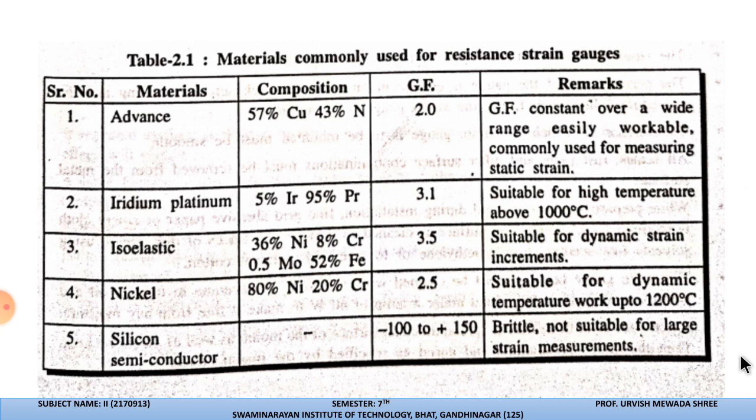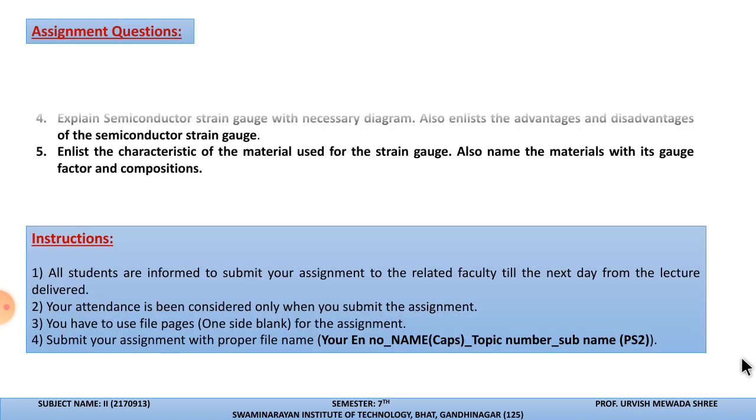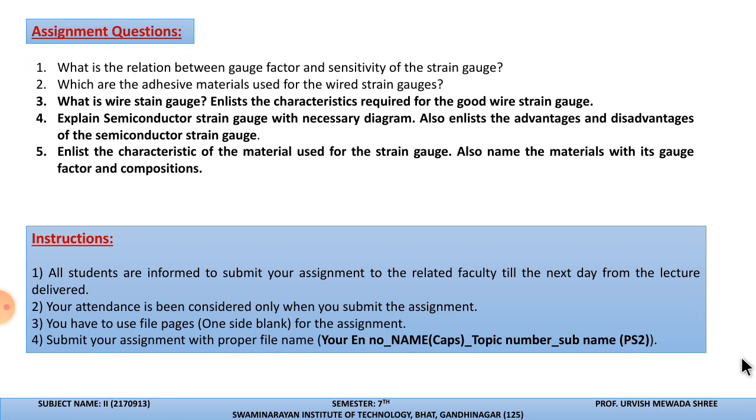Now, after this topic, the worksheet questions and the assignment questions both are mentioned in this slide. The bolded questions are your assignment questions, and question number 1 and 2 are your worksheet questions.